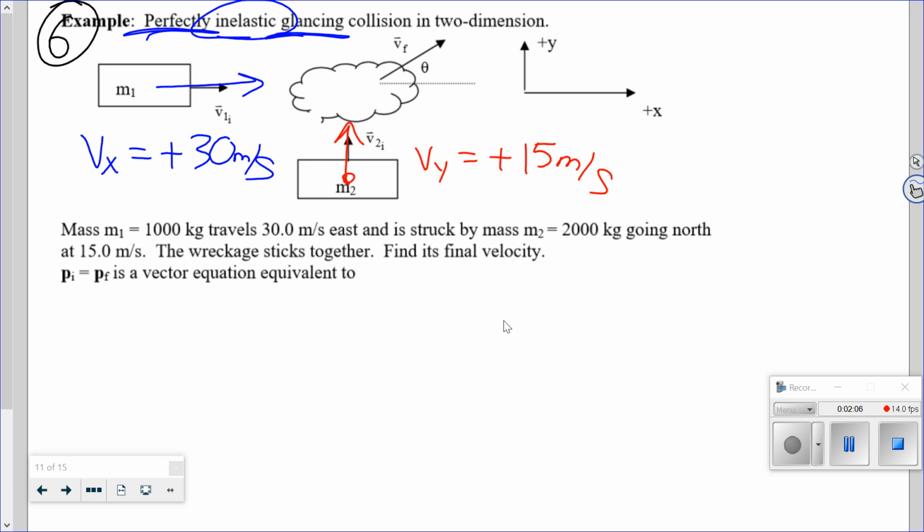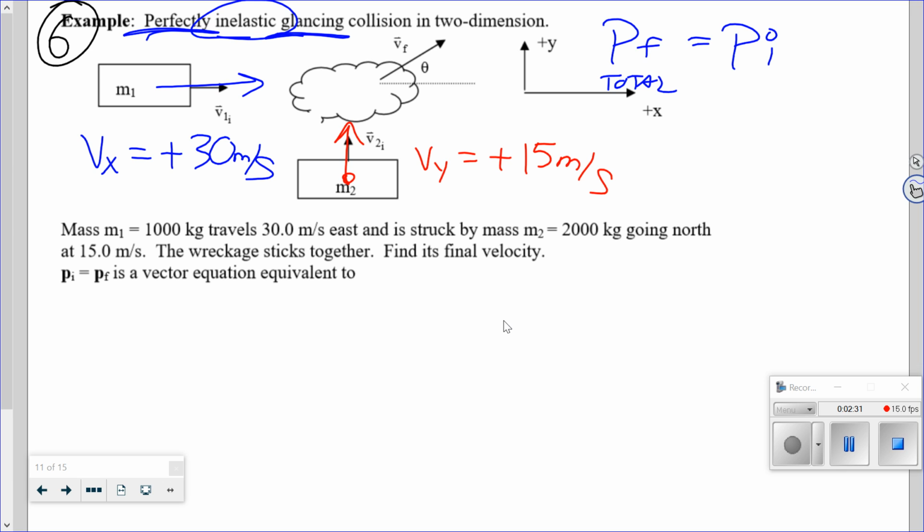So the momentum is going to be the same. You could say P final, and these are totals, by the way, equals P initial. So if I turn these things into momentum, and then they have a collision, I know the total final momentum is actually the same as the sum at the start. Okay, so that's not so bad.